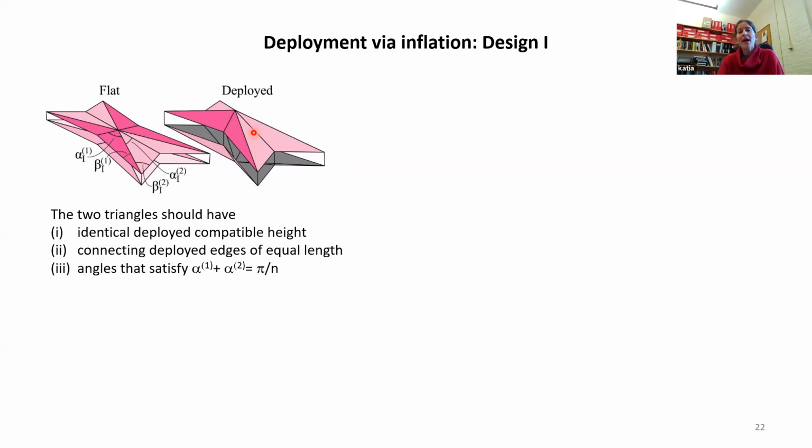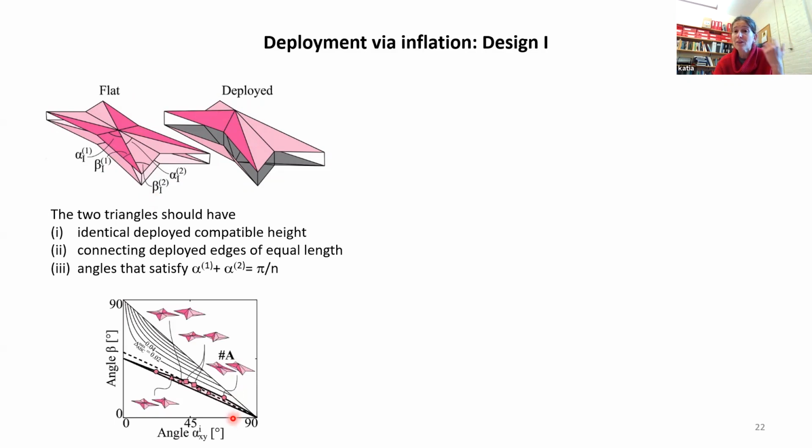And the angle should be such that I'm able to close the structure. When I look at the triangles that satisfy this simple requirement, I see that if I want the structure to be inflatable, the triangles have to sit next to the lower boundary. And we know that these triangles are characterized by low geometric incompatibility.